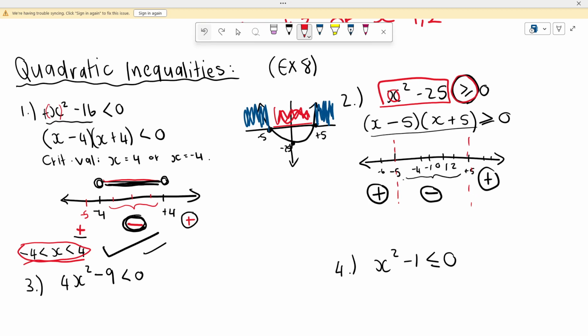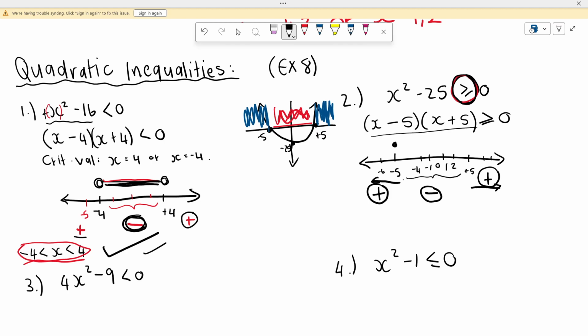Okay, let me just wipe out all of this stuff that I've done now. Okay, let's just circle that. So now we can write our final answer: everything that is bigger or equal to 0 will be outside of and equal to negative 5, outside of and equal to positive 5.